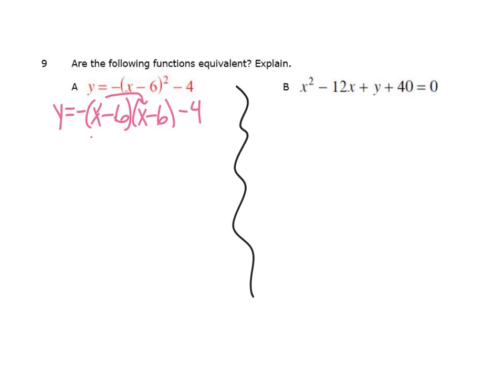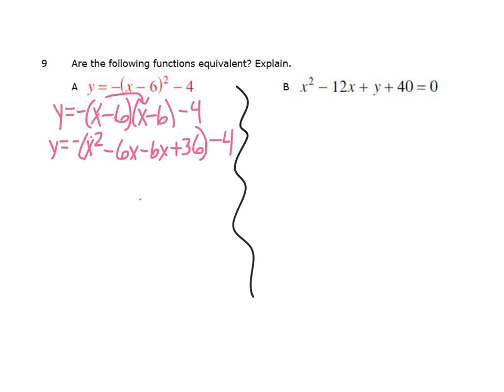This x squared means you have x minus 6 twice. When you multiply, we get x squared minus 6x minus 6x plus 36. That's still in parentheses. I still have my -4.